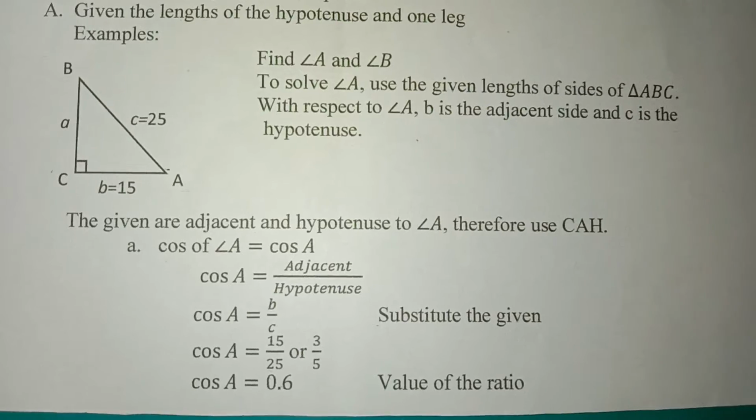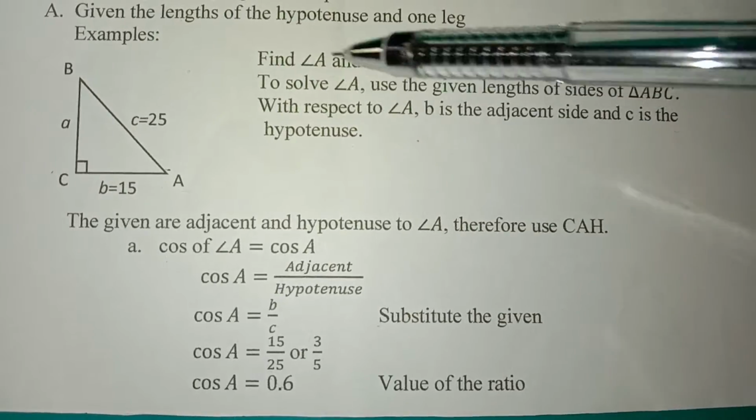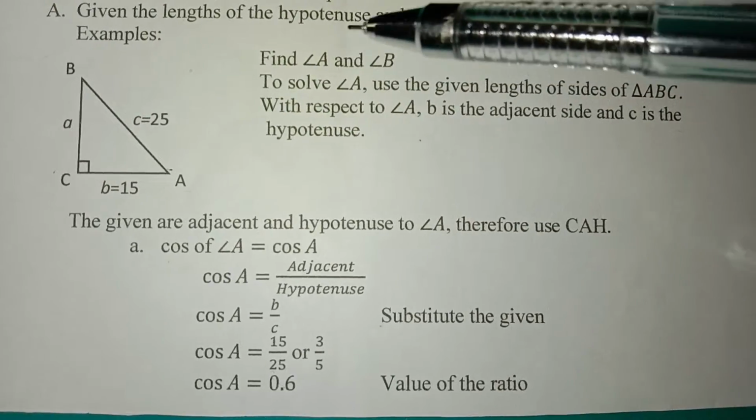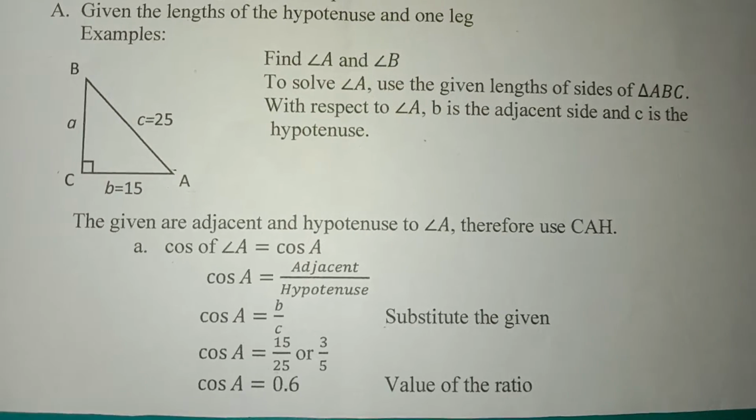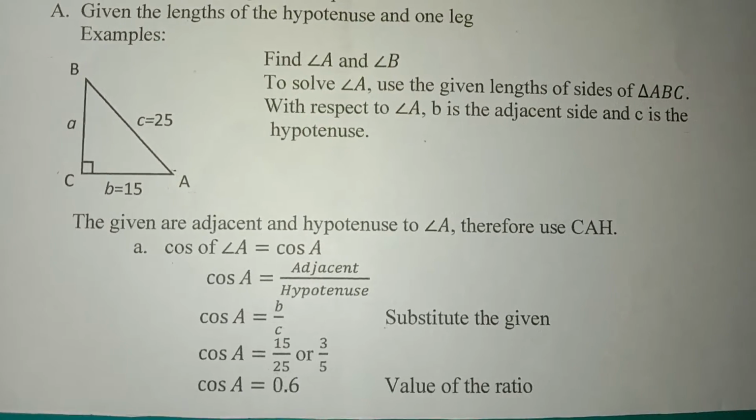But the question is, what is the measure of angle A? When I talk about the measure of the angles, it is expressed in degrees. So this is not the final answer.